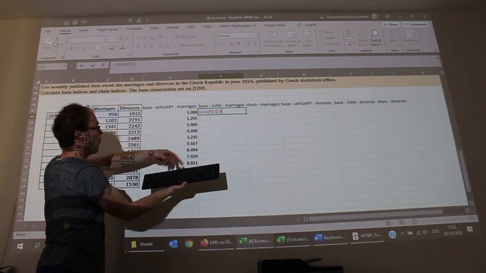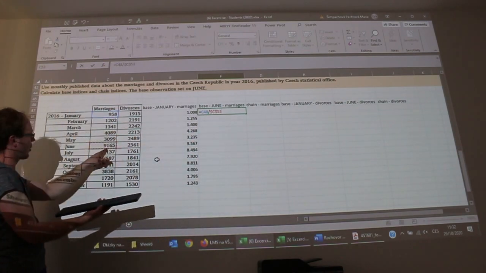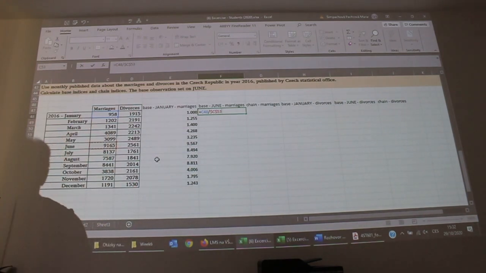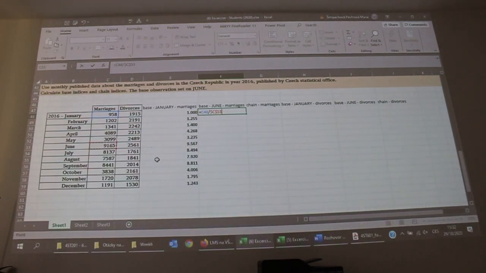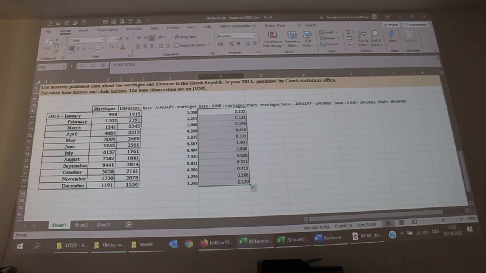So function 4, you must lock the cell. Enter. Again, you can use only 3 decimals, and calculate these indices to the end. Everything is all right. 1.000 is in case of June, and everything else is compared with June.